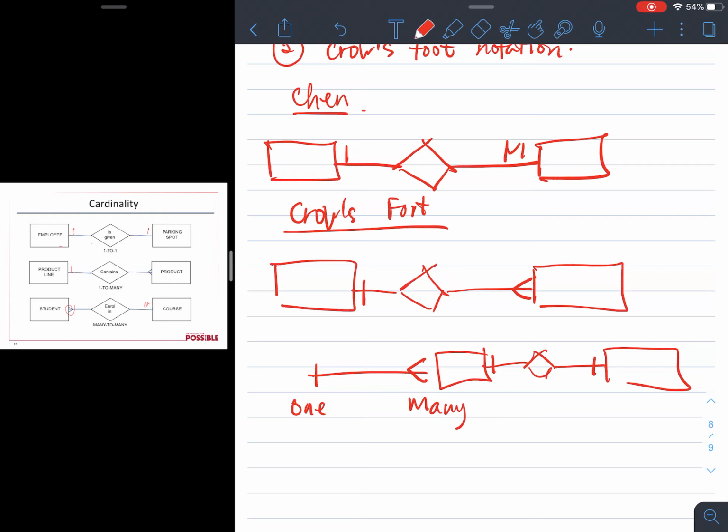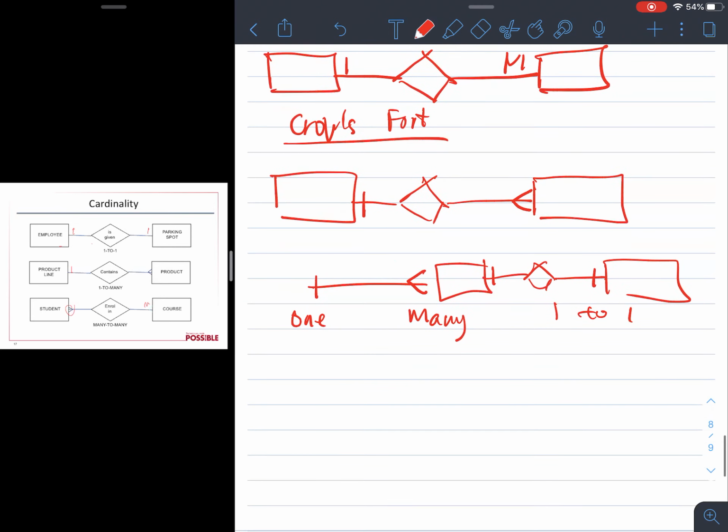This is one to one. If many to many, it looks like this. You have to remember, if many, it is like three feet, that's why it's named crossfoot.